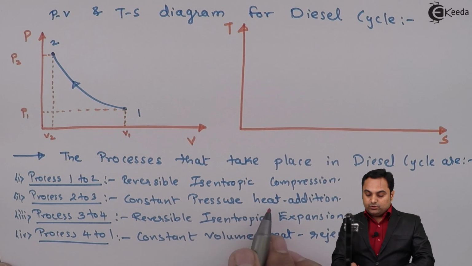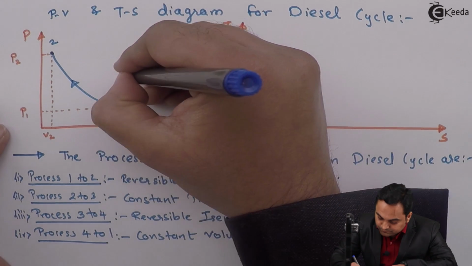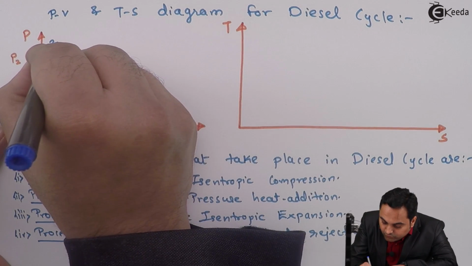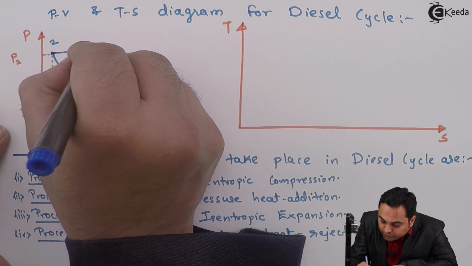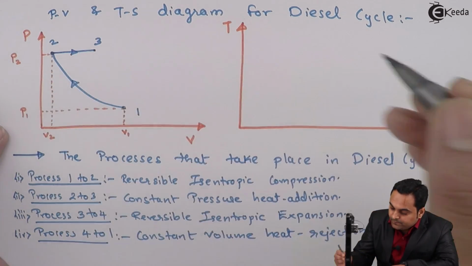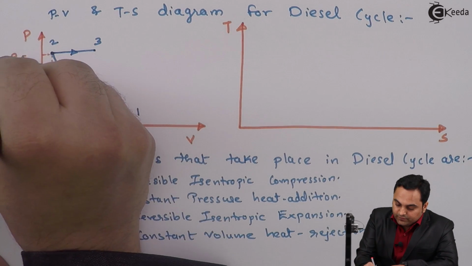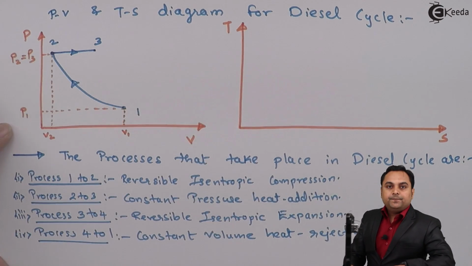After that, there is constant pressure heat addition. So heat will be added from 2 to 3, keeping the pressure constant. So pressure at point 2 is equal to pressure at point 3.